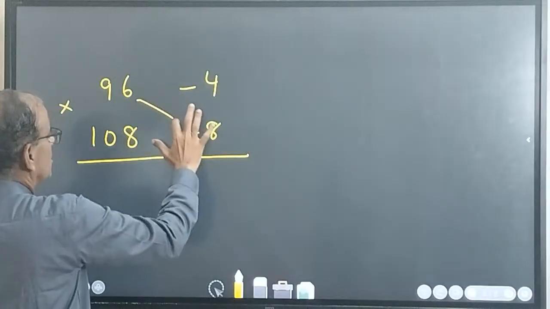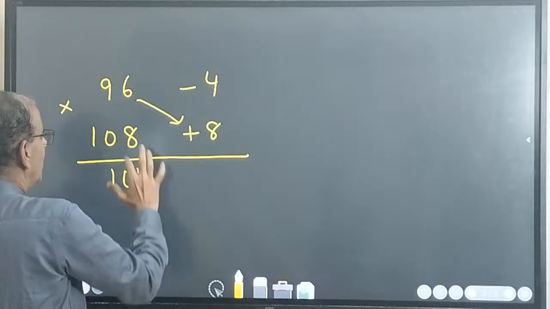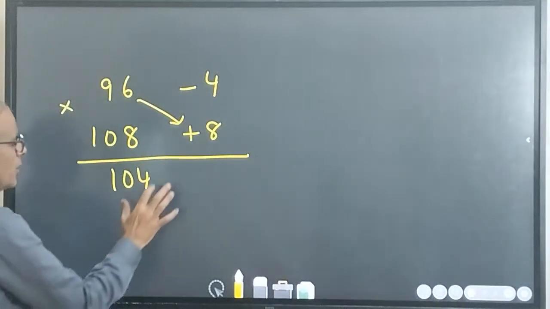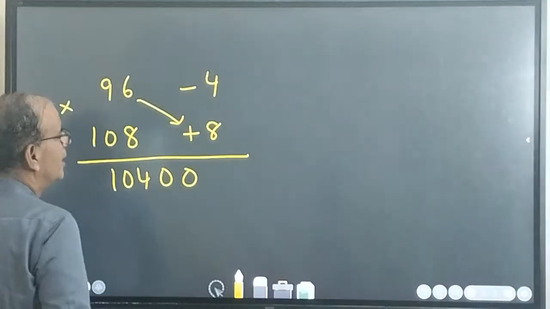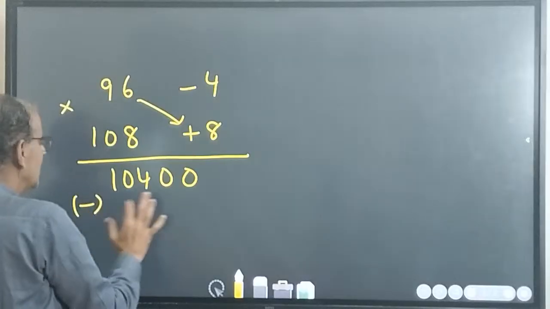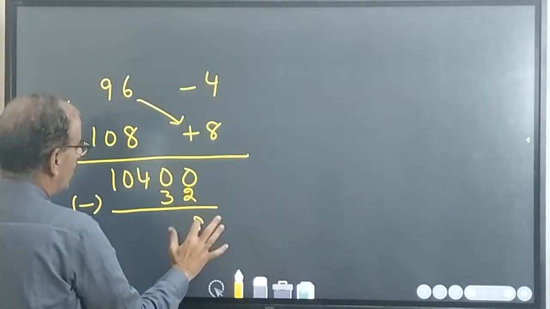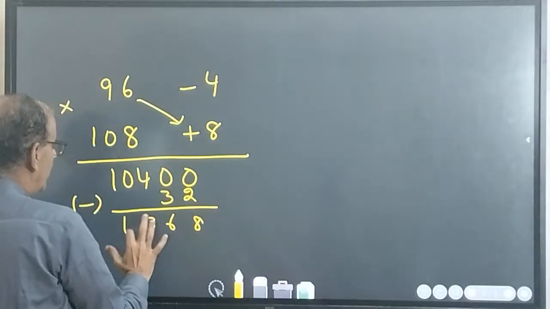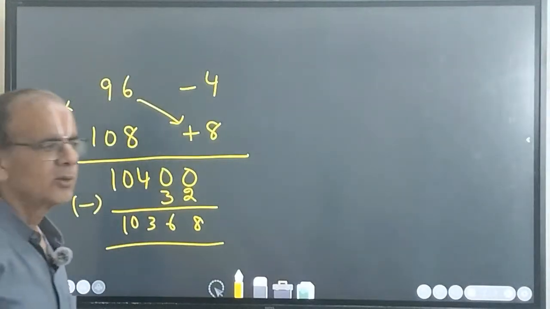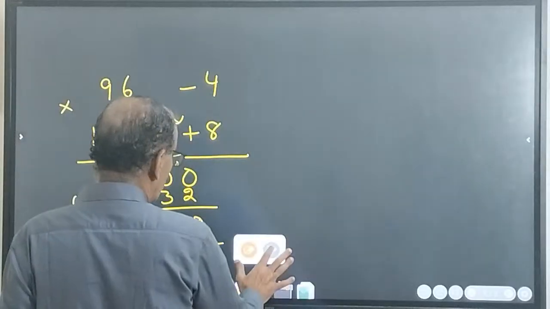You add this, how much will you get? 104. 108 minus 4, how much? 104. That also will give only 104. Plus 8 into minus 4, how much? Minus 32. What is the answer? The answer is 10,368. This is how we can multiply.